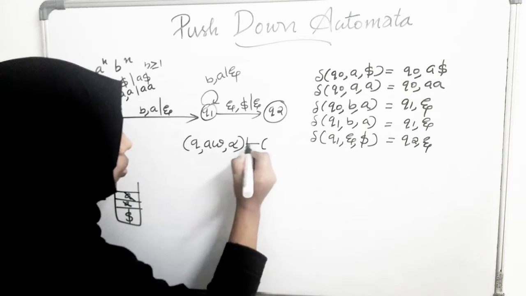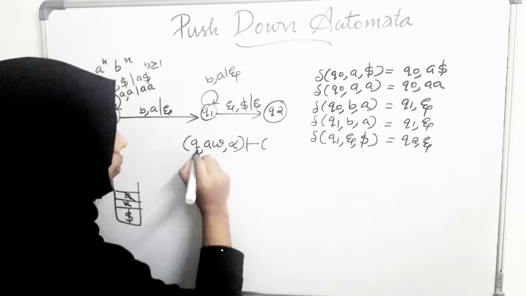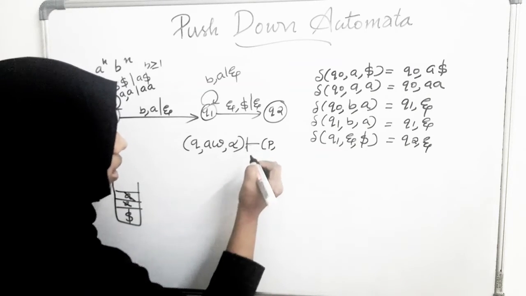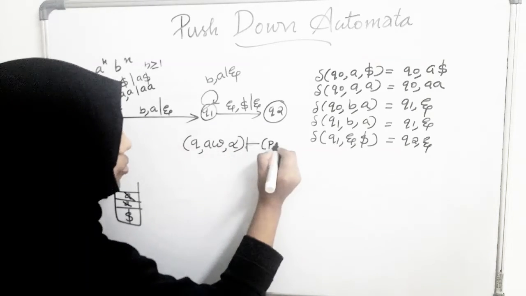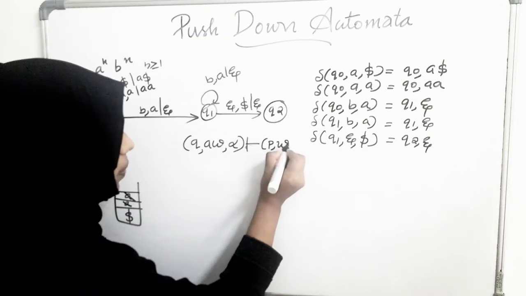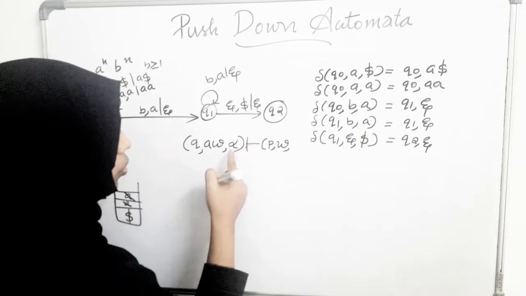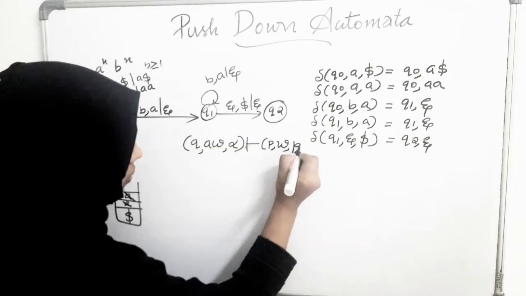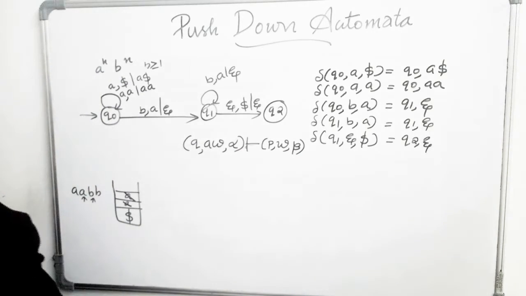It will take you to, this is the transition or turnstile. Now it will take you to the new state P, A has been consumed, so the remaining input is W and the new stack top will be some beta, because the stack top may change.